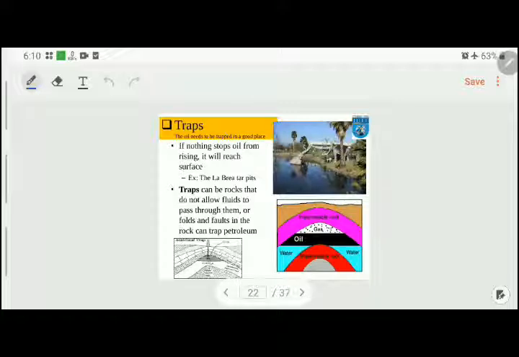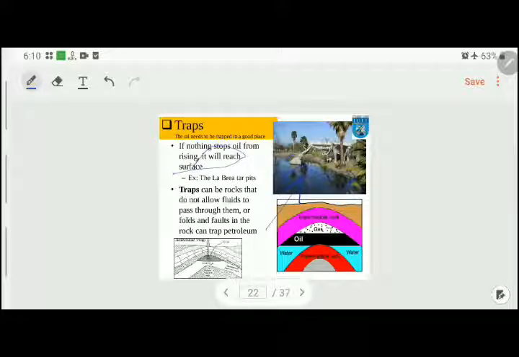The traps: if nothing stops the oil from rising, if nothing prevents the oil from coming up out of the reservoir, it reaches the surface and forms lakes just like this.